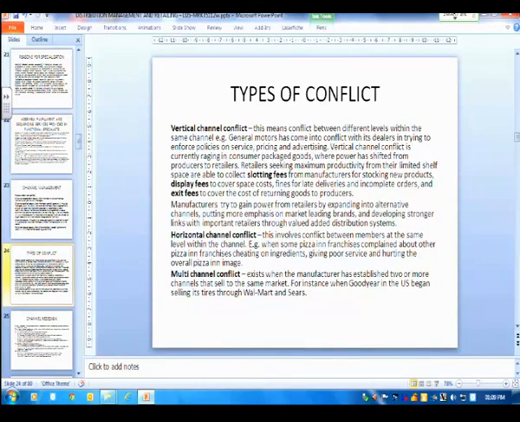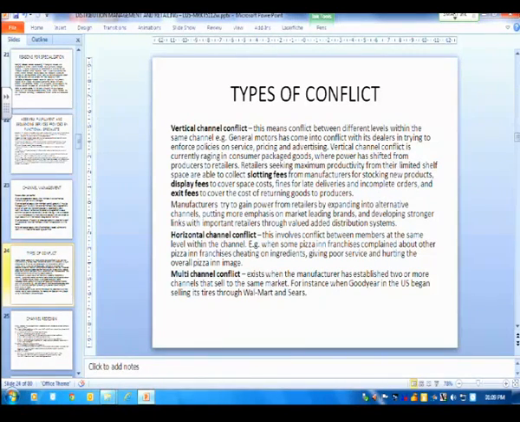value-added distribution systems. Horizontal channel conflict. This involves conflict between members at the same level within the channel. For example, when some Pizza Inn franchises complained about other Pizza Inn franchises cheating on ingredients, giving poor service, and hurting the overall Pizza Inn image.